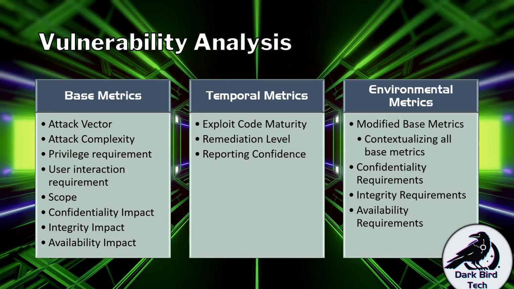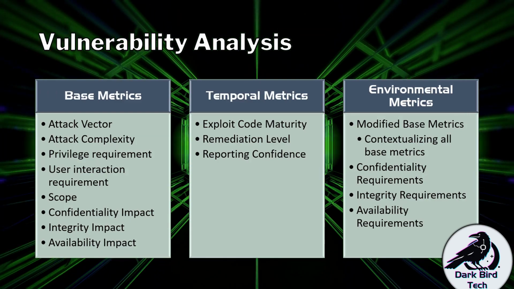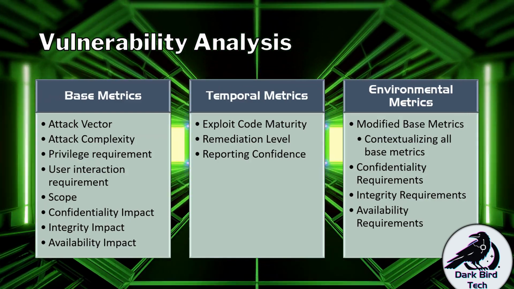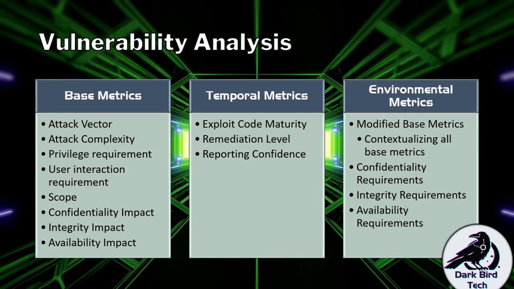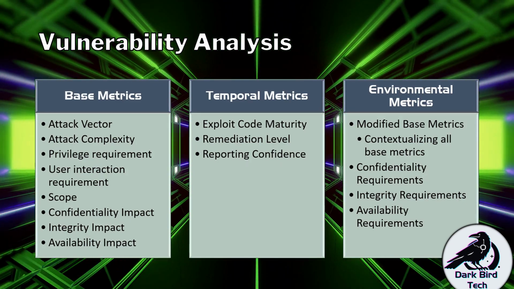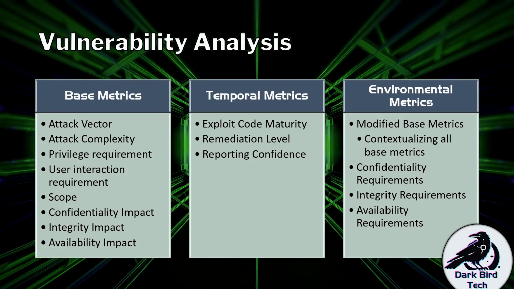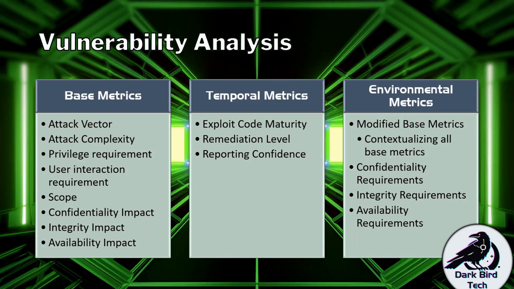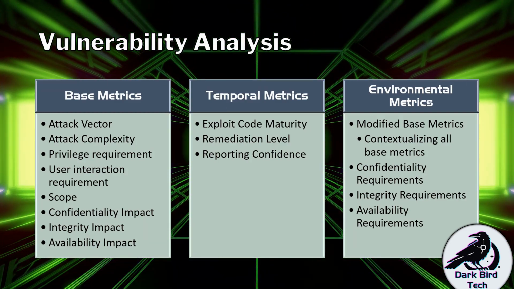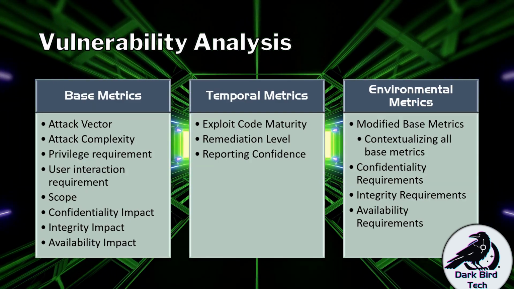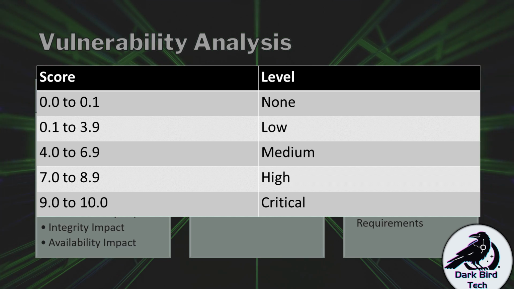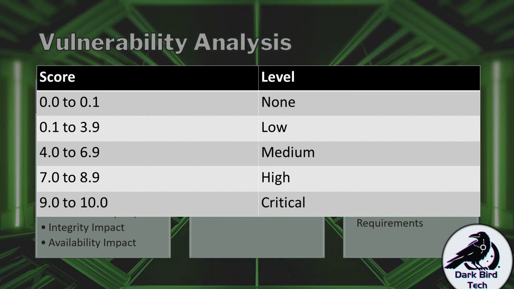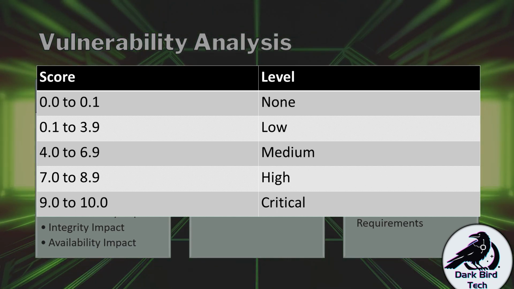Now, what happens here is you've got all these metrics. And these metrics get some descriptors added to them, and then some values derived from those descriptors. And then those numerical values get plugged into a crazy formula that is meant to give you a vulnerability threat level. So that threat level scoring works like this. As soon as you go to 0.1, you're at a low level vulnerability, up till you hit 4.0.